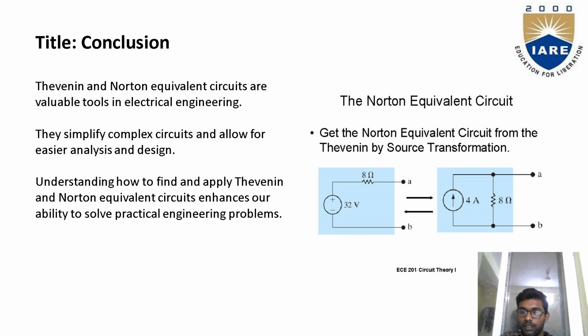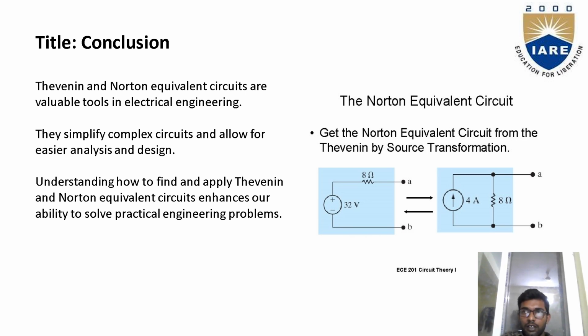Here the Norton's equivalent circuit is there. Okay, let's revise Thevenin's and Norton's equivalent circuits. First of all, we have seen that these two are useful for converting a complex circuit into a simple one for easy solving.